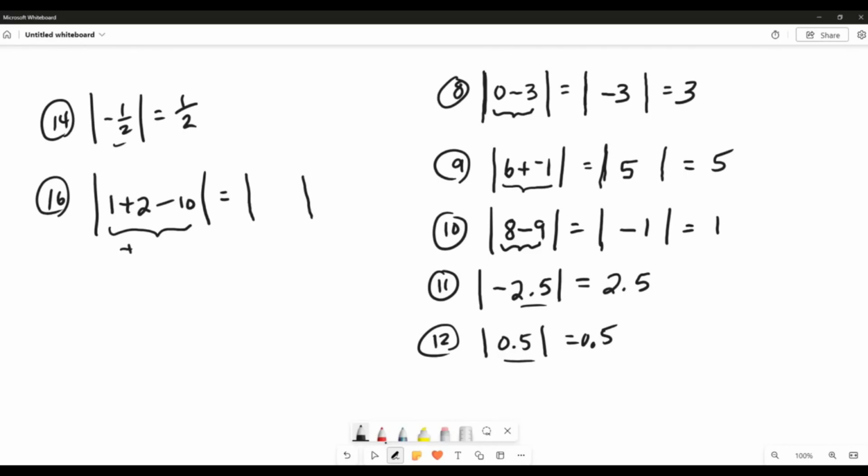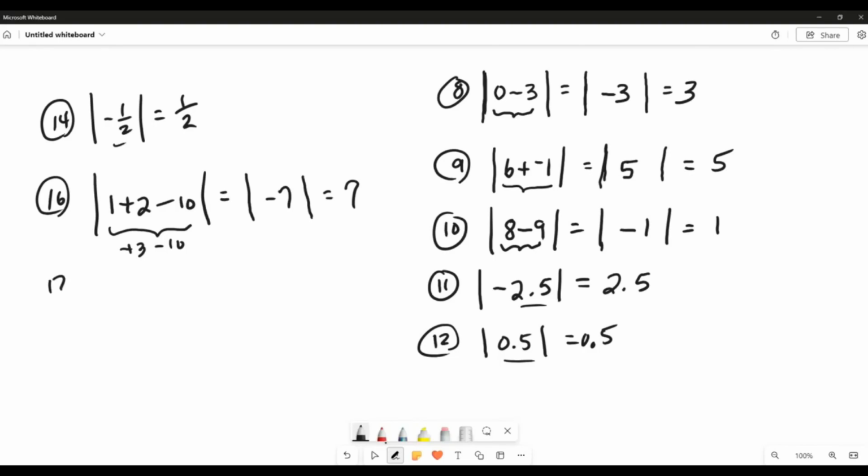This part becomes +3, and then we have -10, and +3 minus 10 is -7. You have $1, you have $2, that means you got $3, but you owe $10. So since they would take the $3 away from you, you'd owe $7. And then the absolute value of -7 is +7.